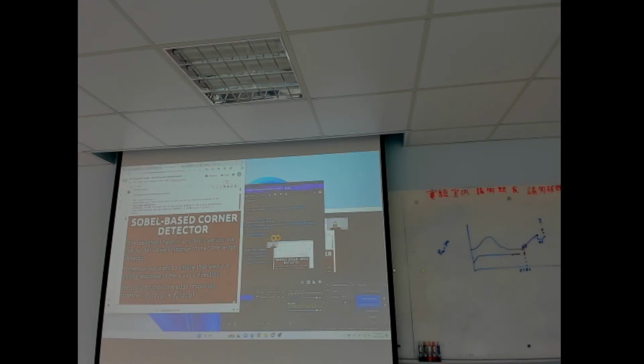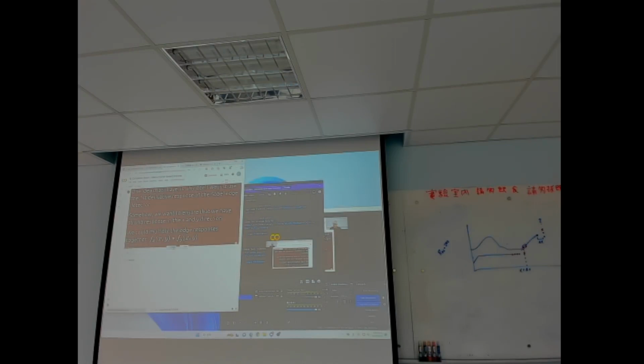Maybe if we want to make sure that we have positive response only, and it will emphasize stronger gradients more. So let's see what happens if we put that.